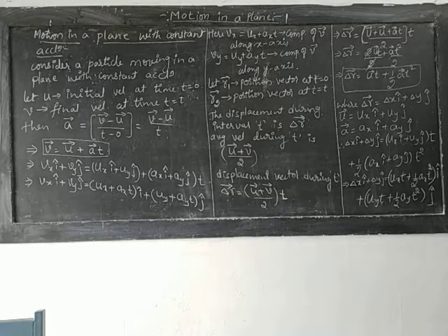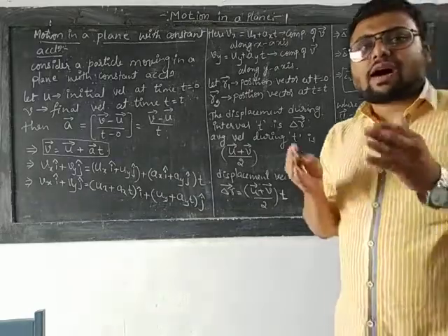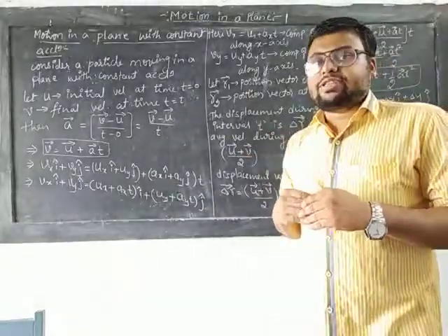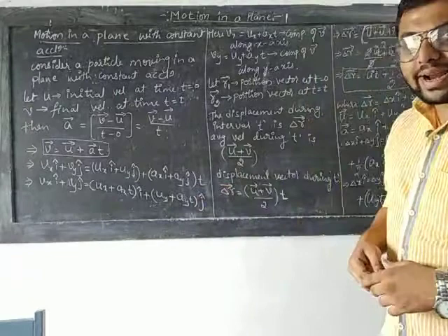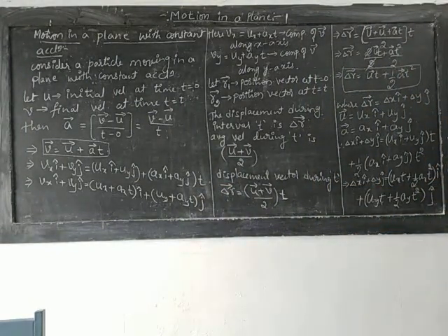I just rearrange the terms now to get the coefficients of I cap under one bracket and the coefficients of j cap under one bracket. I just rearrange the terms, right?